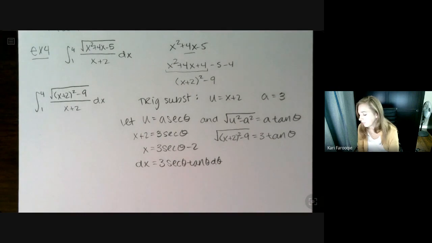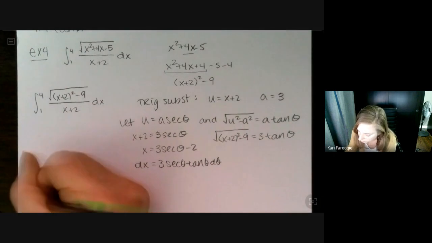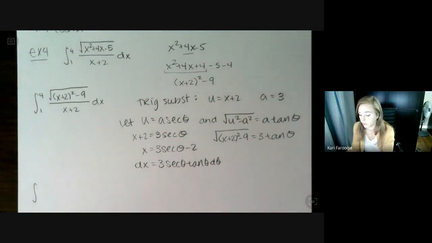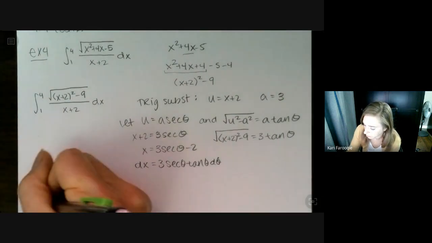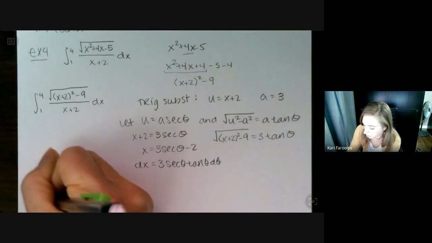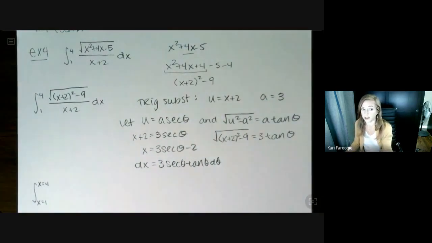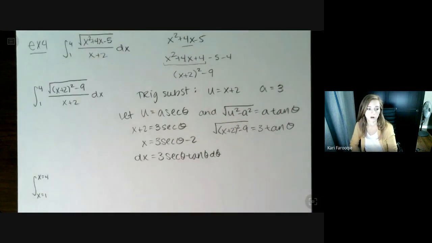Okay, let's go ahead and sub this back in. We do have a definite integral, and we're going to have some options here as to what we want to do with that. But for right now, I don't want the limits of integration to disappear, because I don't want to forget about them and end up solving this as an indefinite integral. So I'm going to go ahead and mark them as x equals 1 and x equals 4 so they don't end up representing theta in our integral.